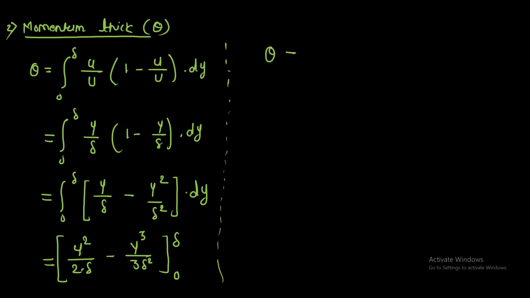So theta is equal to, now put the limit delta. So this is delta square upon 2 delta minus delta cube upon 3 delta square. And if I put 0, everything will be 0. So this is equal to delta upon 2 minus delta upon 3.